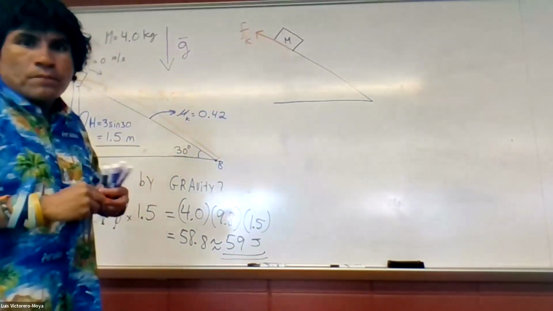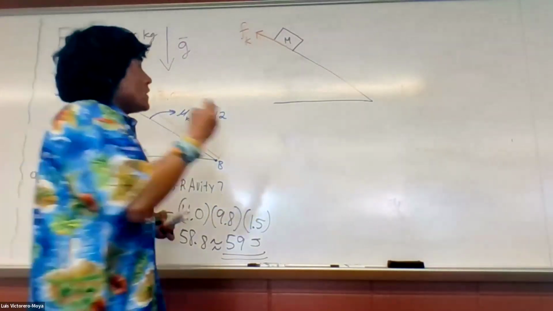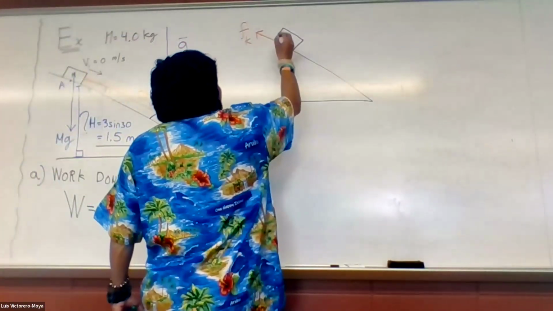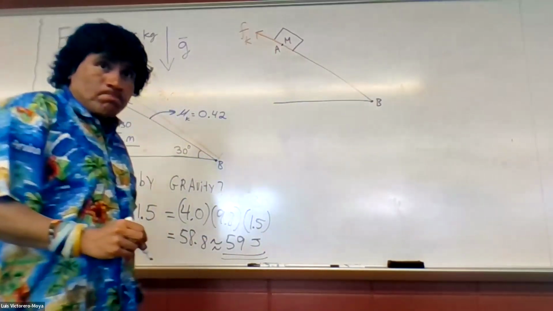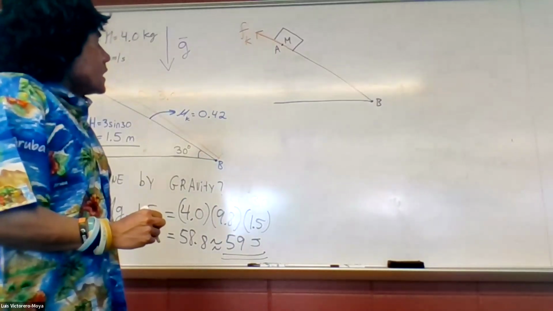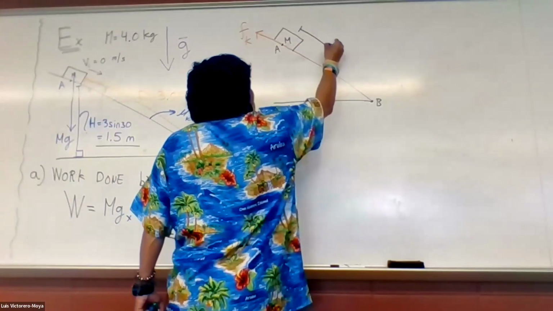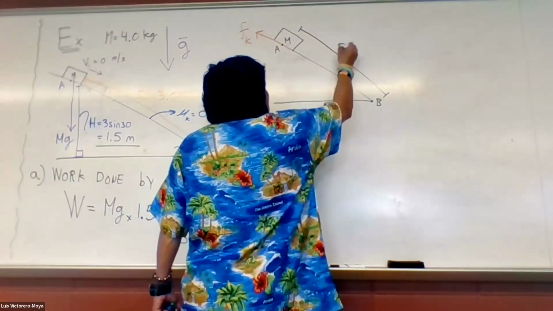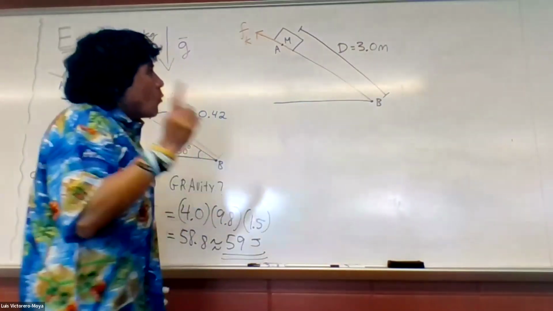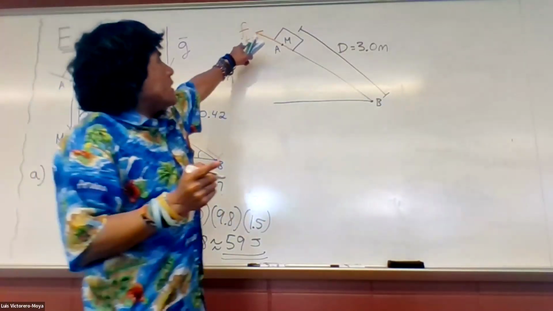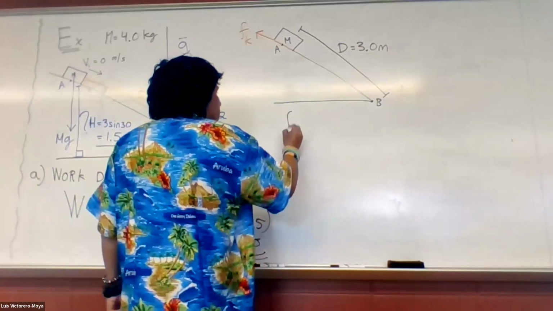That's the force of friction. And because it's opposite to the motion from A to B, it's going to be negative. Now, this still moves from A to B a distance of 3 meters. So the work done by friction is negative force of friction times 3. So it's just about finding Fk.